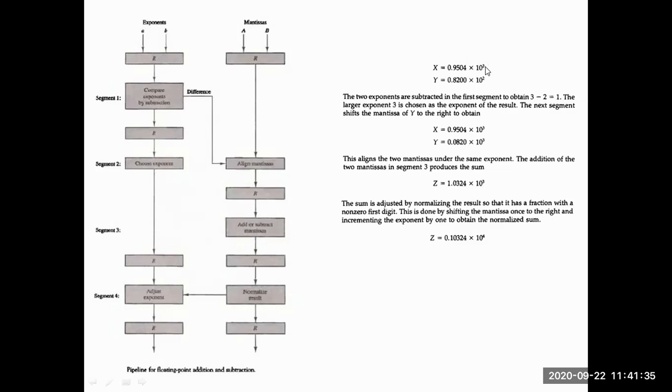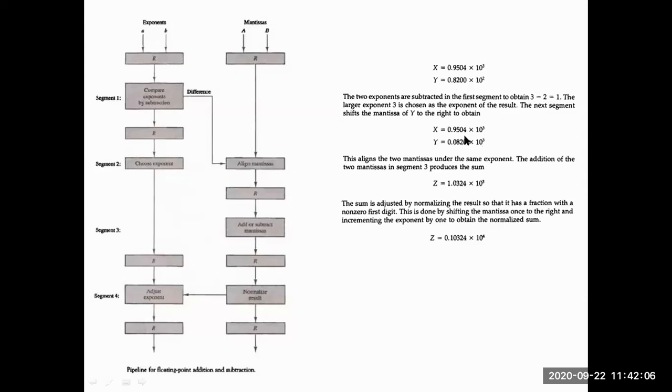Then we need to change y so that it also becomes 3. It is very easy. If we want to convert this number to 10 raised to the power 3, it will become 0.0820 times 10 raised to the power 3. So to convert the exponent of y to 3, we will put an extra 0 here.